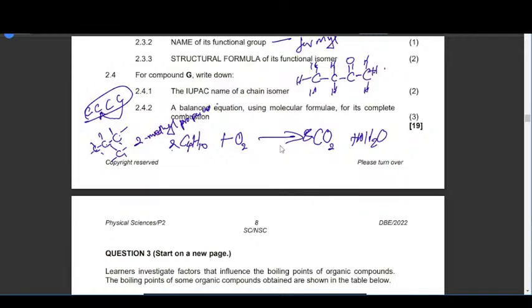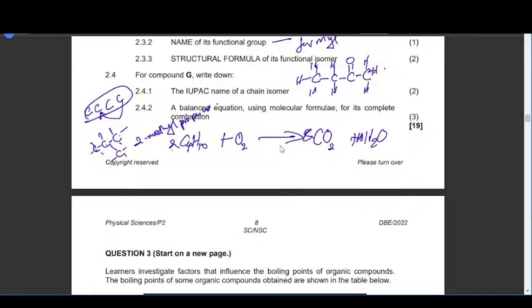Now the problem is oxygen. How many oxygens do I have on this side? I have 10. This is 16. It's 26. Is it 26? Yes, it's 26.